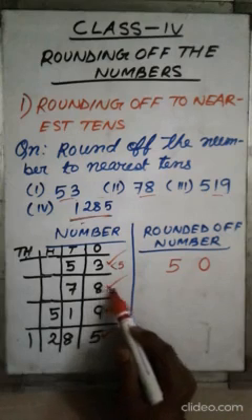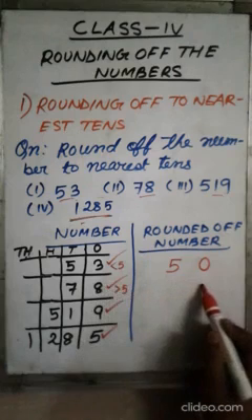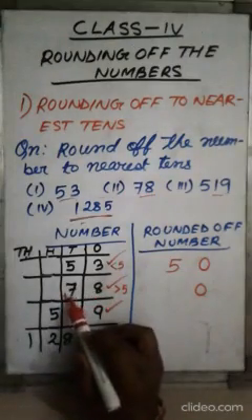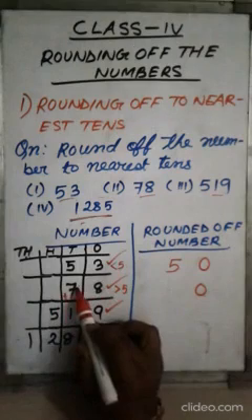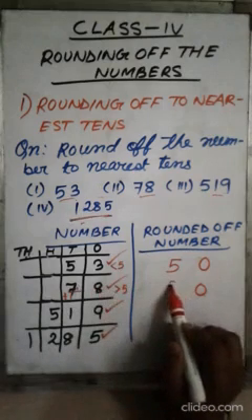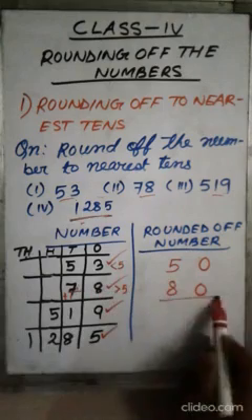Here 8 is greater than 5, so again I shall write 0. 1 should be added to this digit, that means 7 plus 1, it will be 80. This is 80.